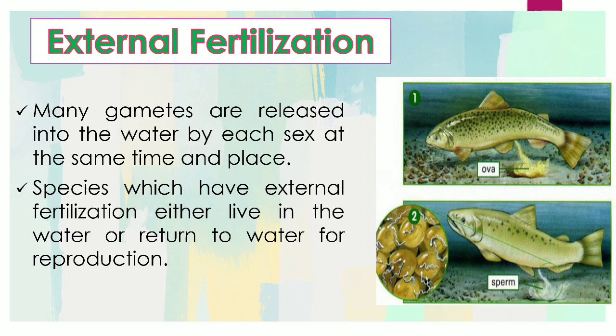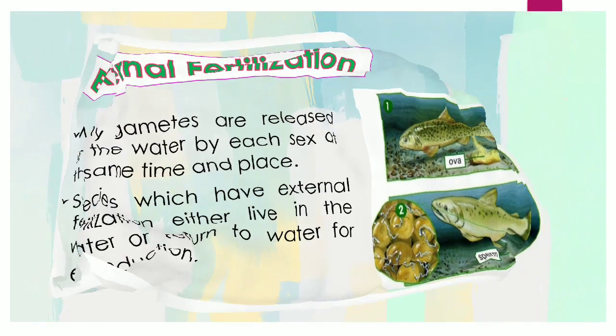An example of external fertilization is the reproduction of salmon. The female deposits her ova on the riverbed, and then the male deposits his sperm in the water, and they swim to fertilize the ova.